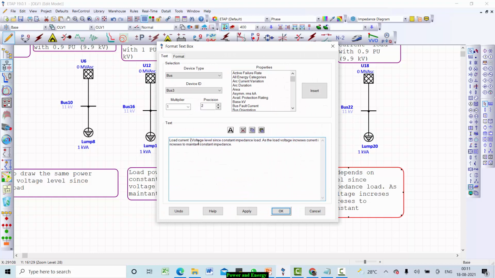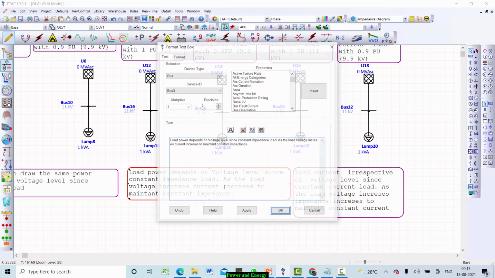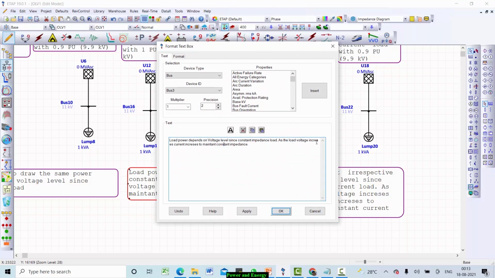That means in order to maintain current constant, when the voltage is decreased, impedance is also decreased, such that power is decreased. Or in other words, if the voltage increases, impedance also increases in order to maintain current. In that case, power increases.